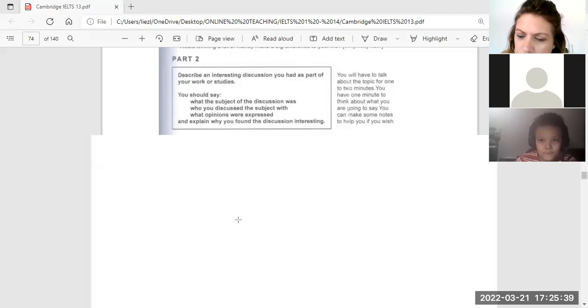I found it interesting because it gathers students together, and they will be more creative in thinking to solve some difficult problems when they make a robot.